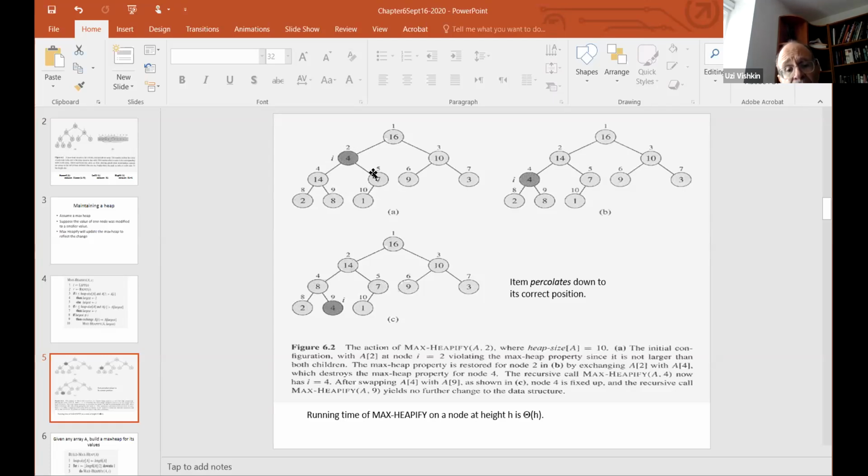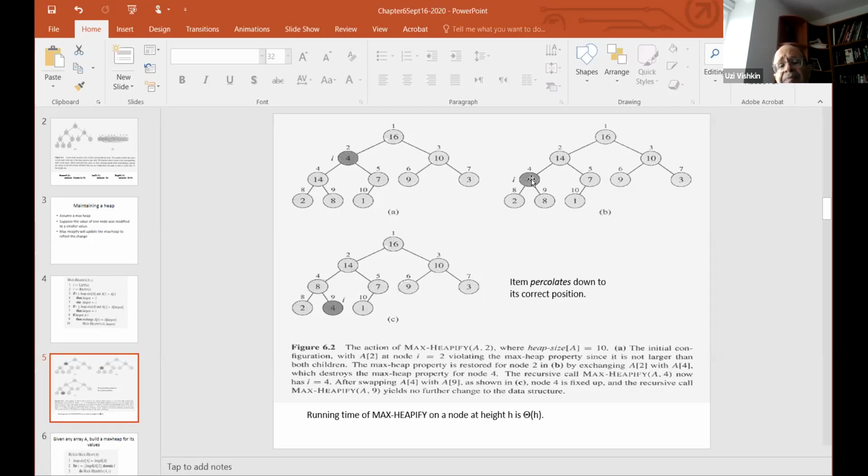So this is exactly the idea: look at both children, and in case one or more of them is larger than the new value at the parent, we exchange with the one which is larger. That's exactly what we see here. So 14 and 4 exchange their locations.